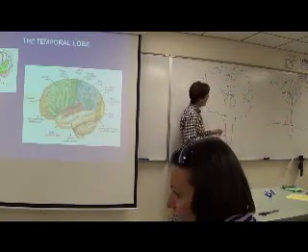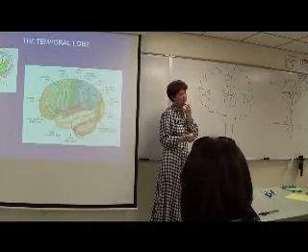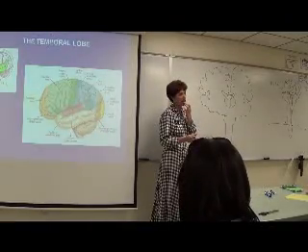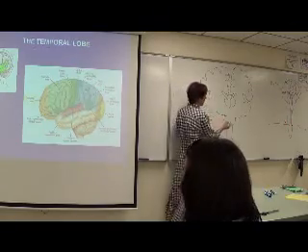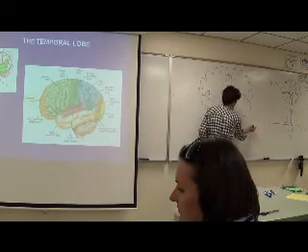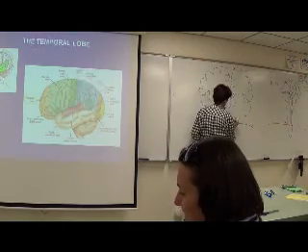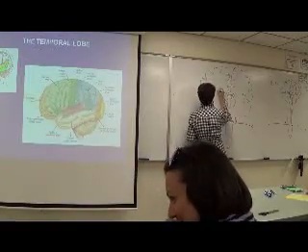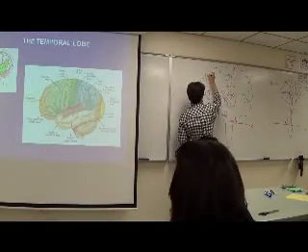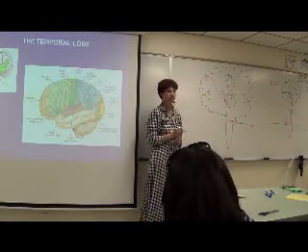So if I feel something on my lip, what cranial nerve is that? Trigeminal, okay? That's going to come into the brainstem. And another neuron will take that up to the thalamus. And that's going to come into my gray matter of my post-central gyrus.